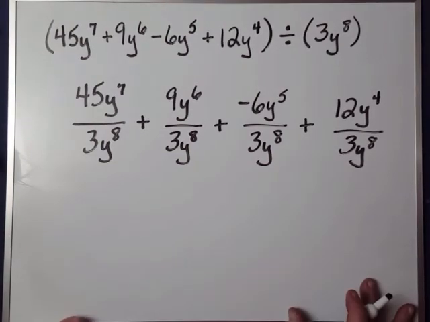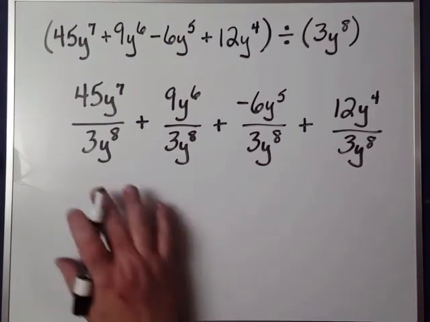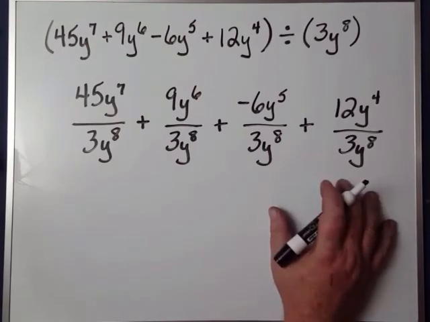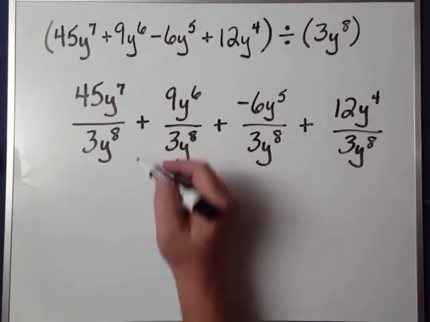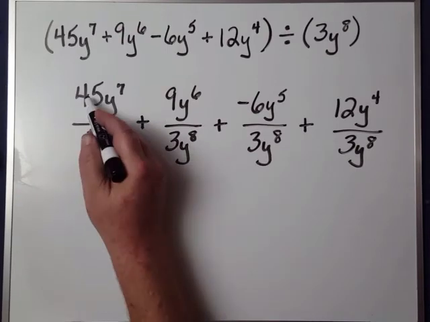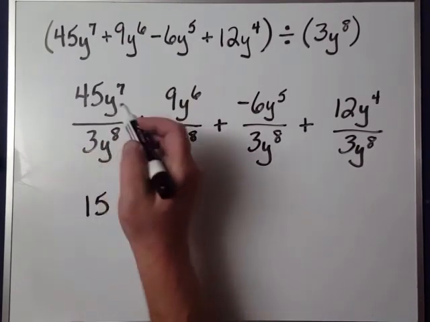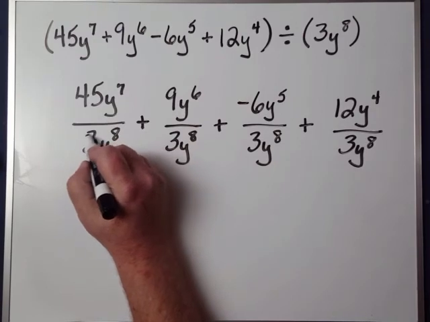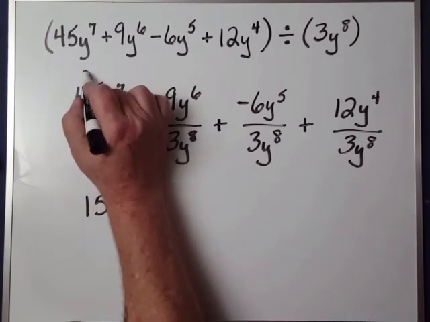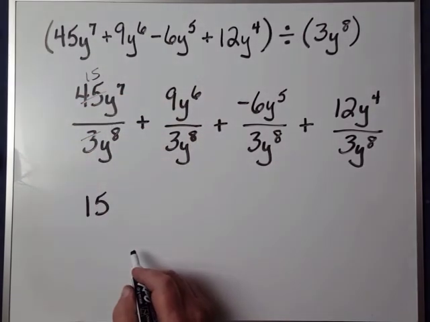Now, what did we see in the last problem? All we're really doing in simplifying these four terms is basically reducing them, right? This first term, 45 divided by 3 leaves a 15 in the numerator. I could think of that as cross-canceling if I wanted. 3 goes into 45 15 times.